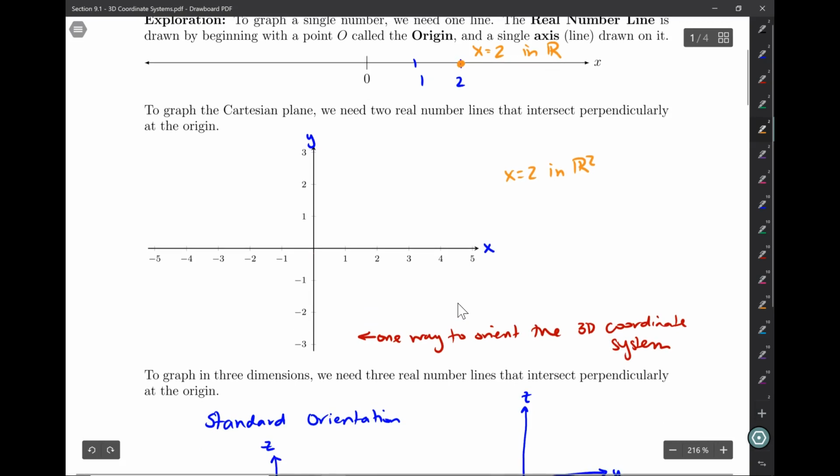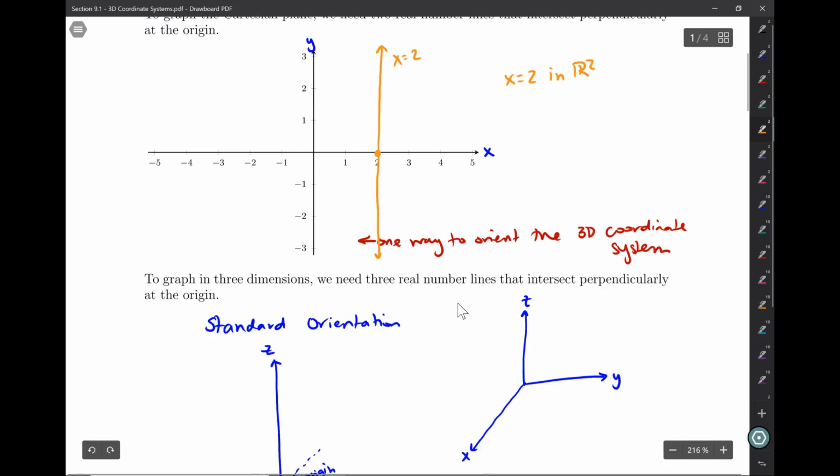So x equals 2 in R2 would be, well, here it is in R1, just along the x number line. But now x is 2, but y could be anything. And so what you end up getting is just this vertical line. This is x equals 2 in 2 space.